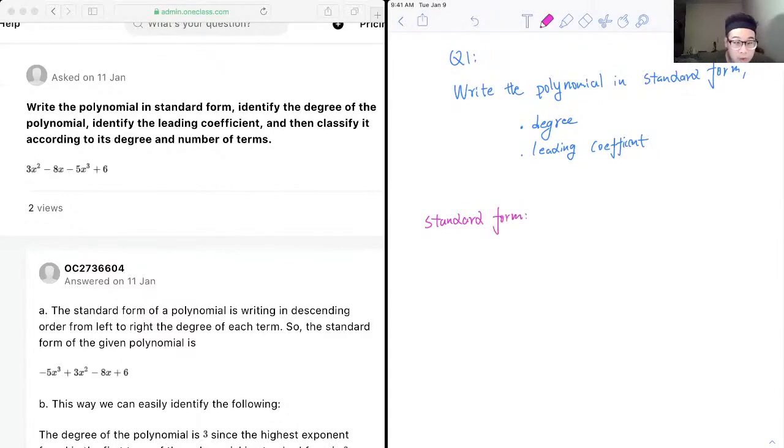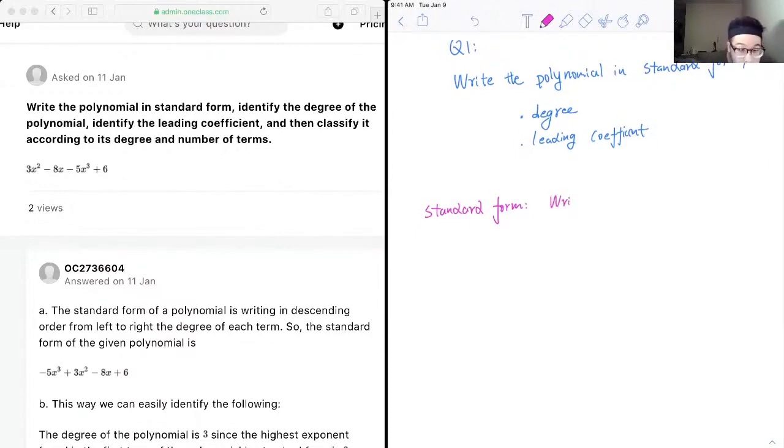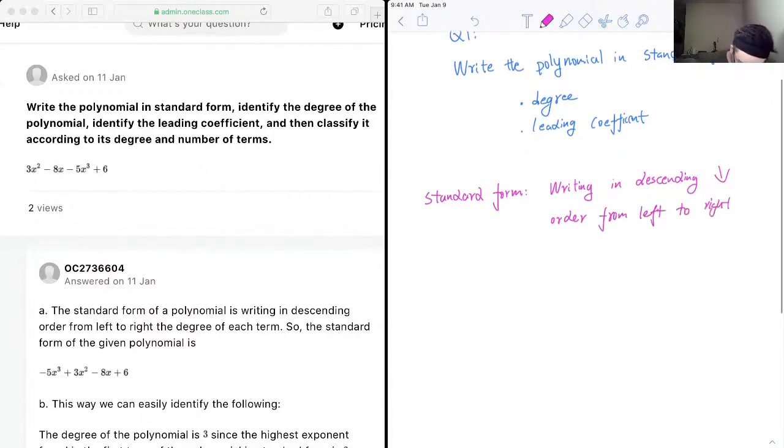Standard form of a polynomial is writing in descending order from left to right, according to the degree of each term.